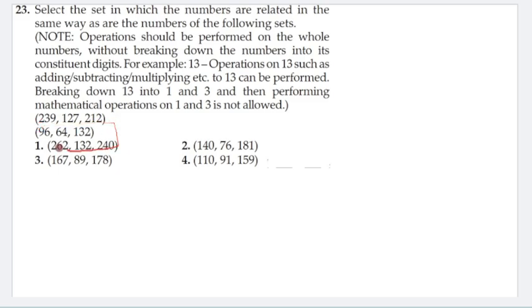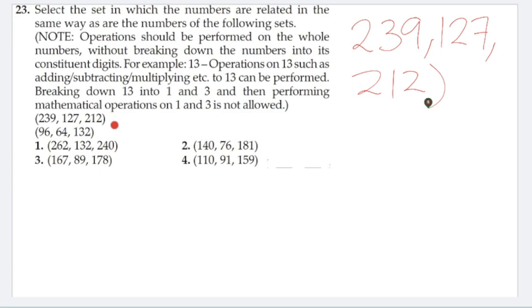So if we see the relation of these numbers, let me write it for you. The first one is 239, 127 and 212.